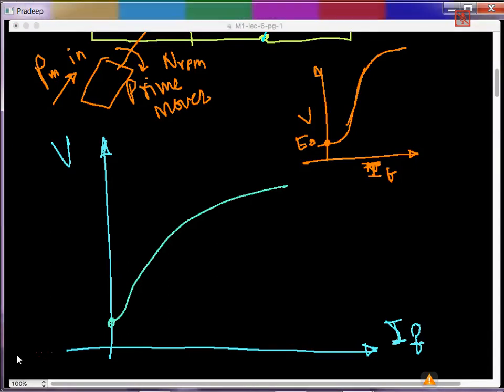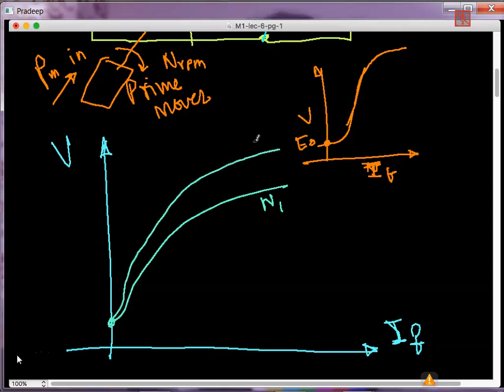This is the OCC characteristic, and here let's say speed is N1. Now what happens if I increase the speed? If you increase the speed, the OCC characteristic will generate higher voltage for the same field current.